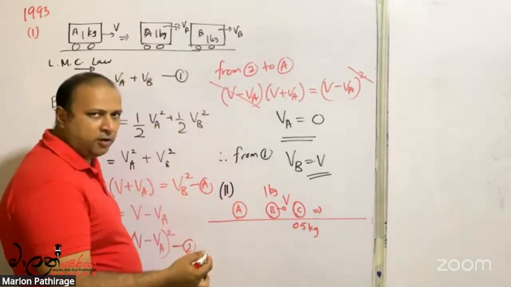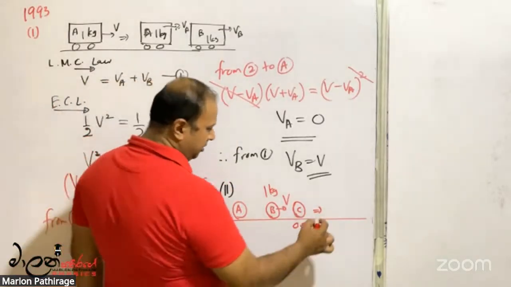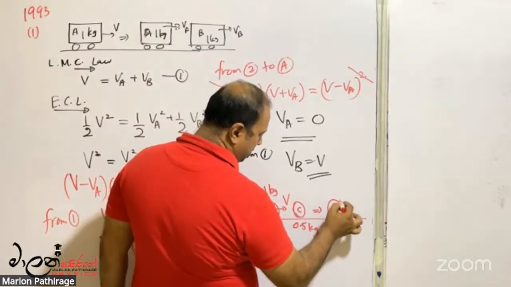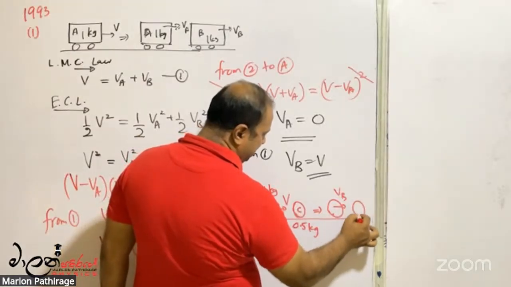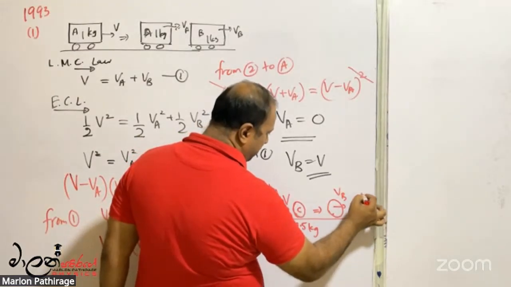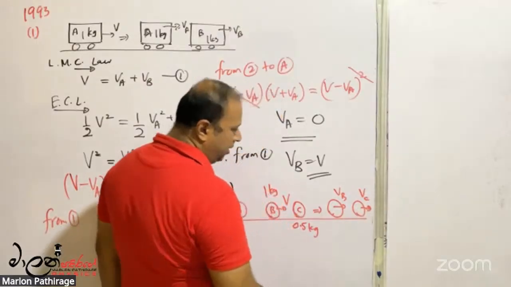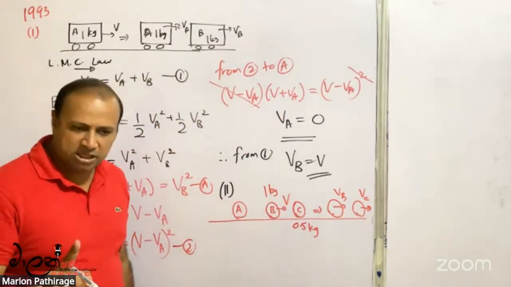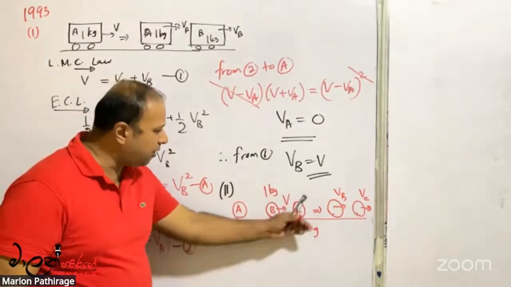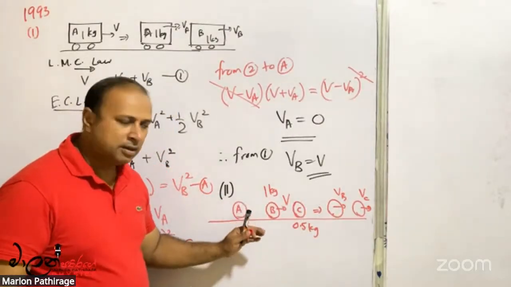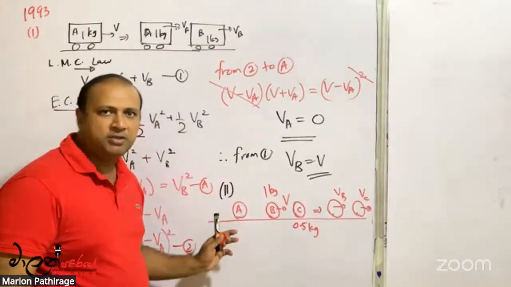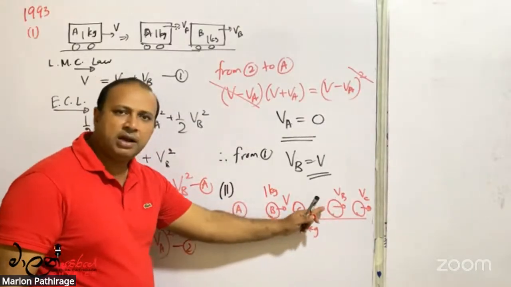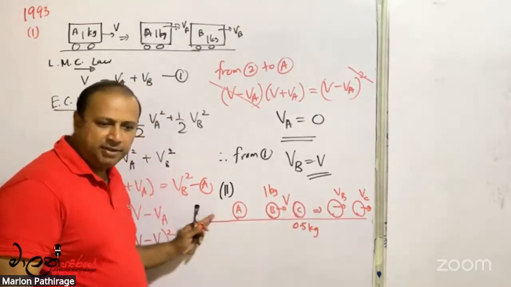Now, after the collision, you have to find VB and VC, because if there is a chance of rebounding VB, then VB will come to this side.